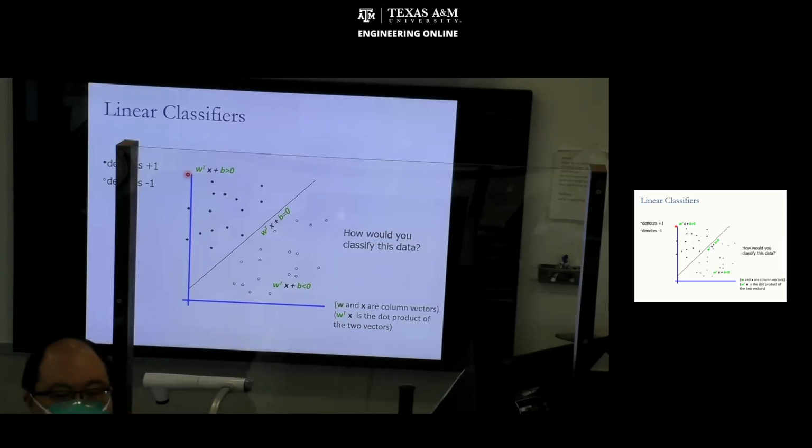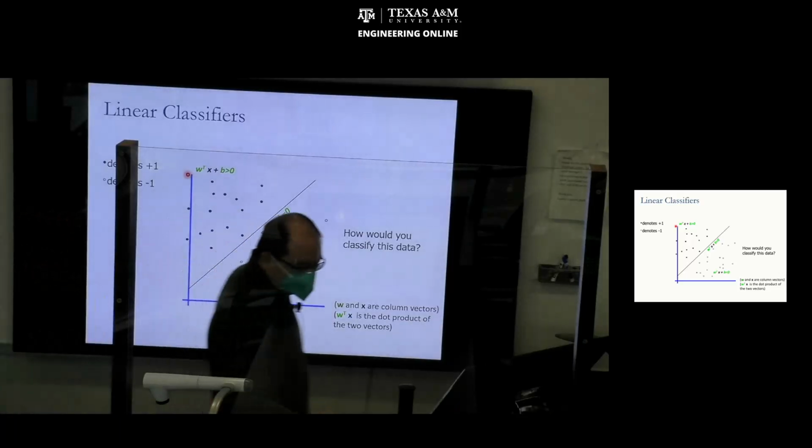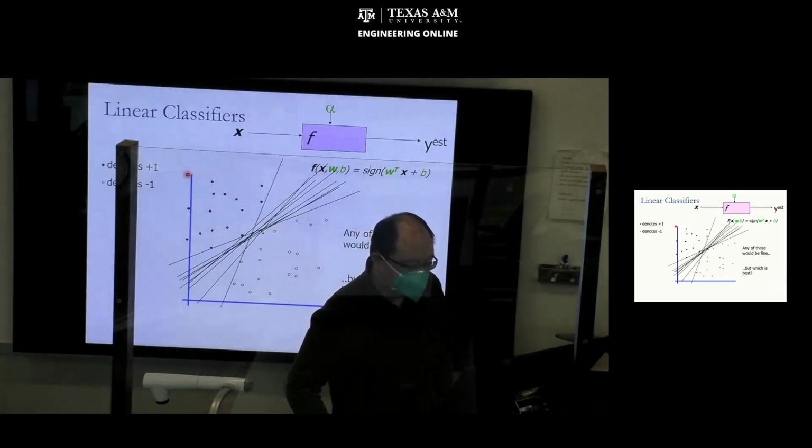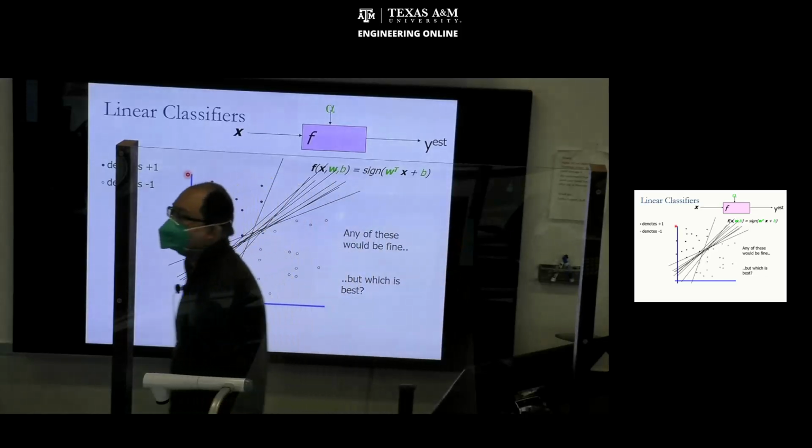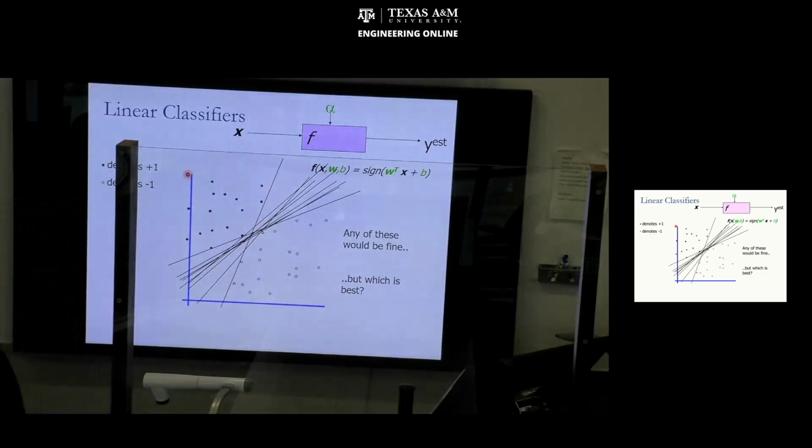Your formulation actually didn't allow any margin. You're saying that all the blue has to be on one side, and you cannot cross, and all the white has to be on the other side and no crossing. Good. So our constraints are getting clearer now. What's the objective function now? For all such choices that satisfy your constraint, which one is the best?